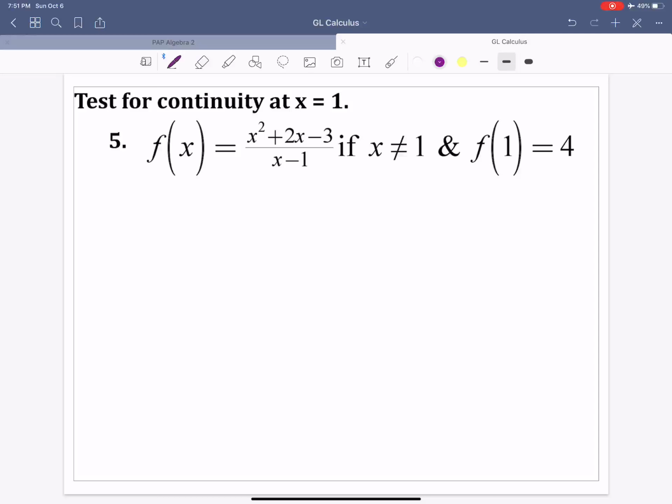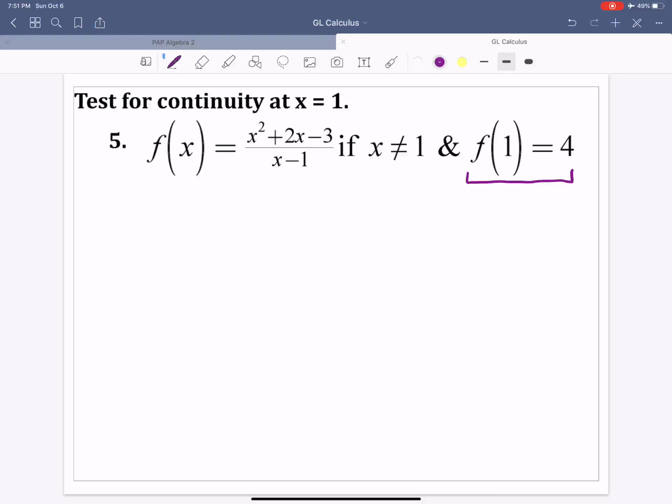Okay, here's another type of problem that you're going to see when you're talking about continuity. We'll be given a function and be told that x is not equal to 1 and that f of 1 is equal to 4. So basically, if we think about our three-part continuity test, the fact that they tell us that f of 1 equals 4 tells us that f of 1 is defined.